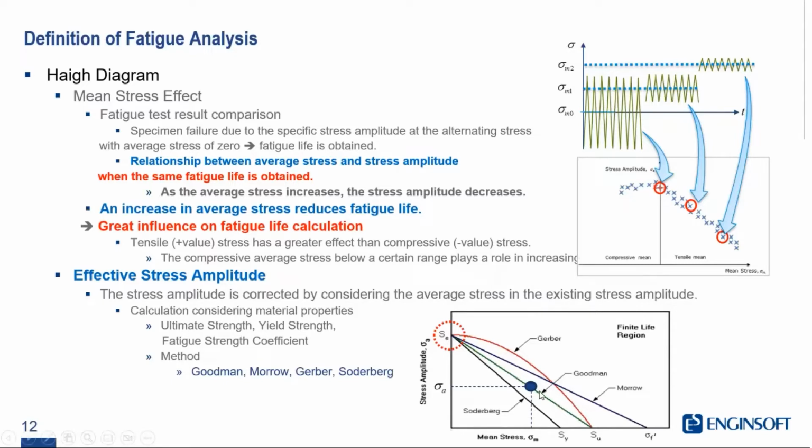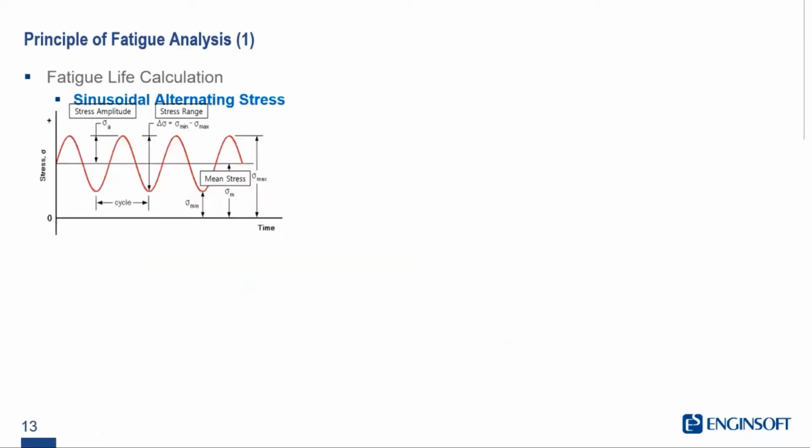There's different correlations for doing this. You can see a couple of these names here: Gerber, Goodman, Morrow. These are going to be dependent on what type of material you have and what loading conditions you have. I'm not going to go into a ton of detail on those, but it's a thing you would look up when it's time to run the analysis.